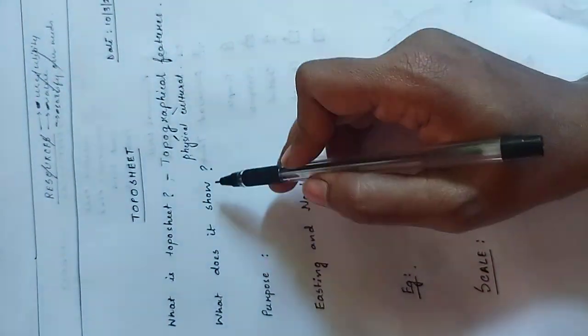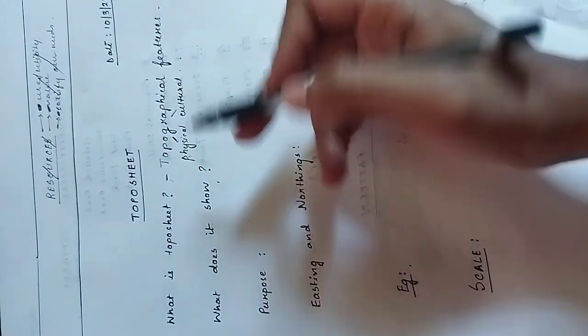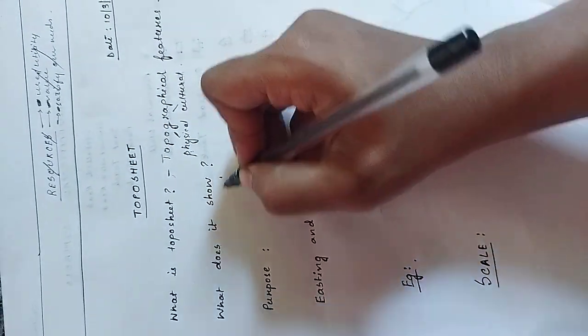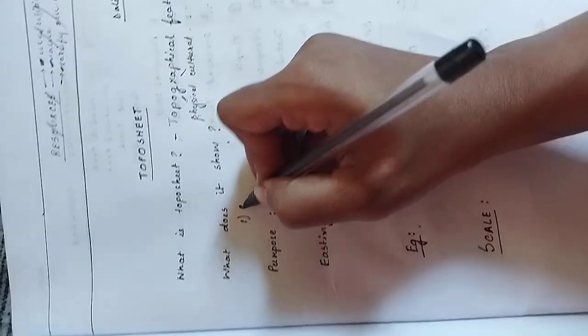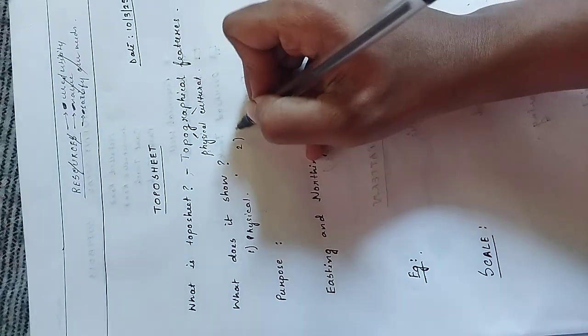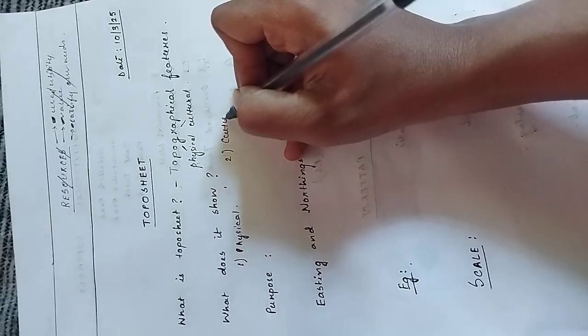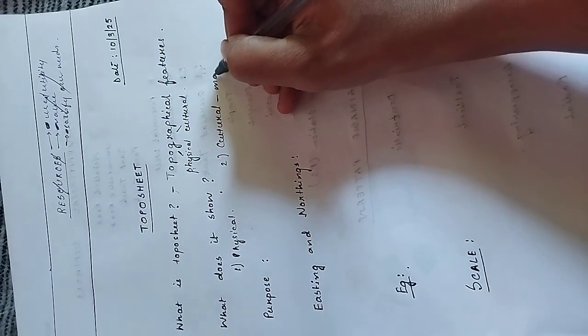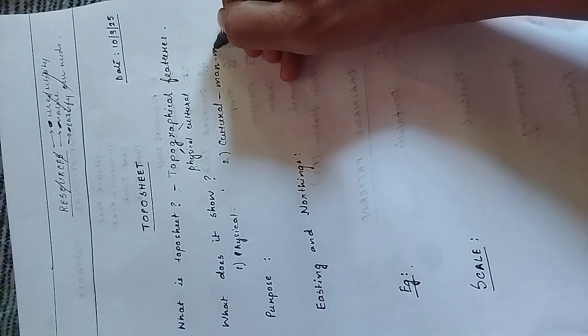features. Now, what does it actually show? It shows, number one, the physical features, and number two, cultural features. By cultural features we mean the man-made features, because we all know that when we are traveling by road, the road is man-made.